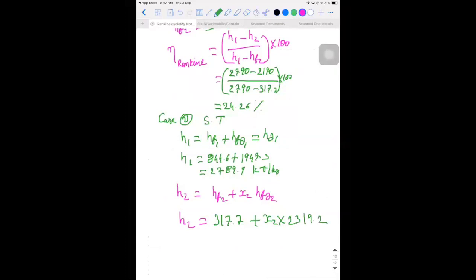But as I don't know what this X2 is, I cannot calculate H2. This is the problem, sir.